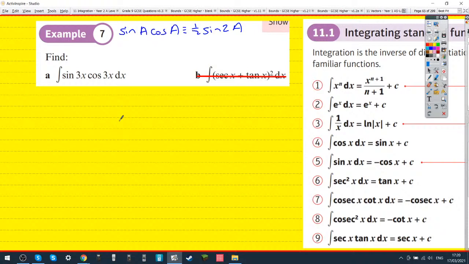What did your good tutor make you do before this question? Yep. A half sine 2 times 3x. A is like 3x.